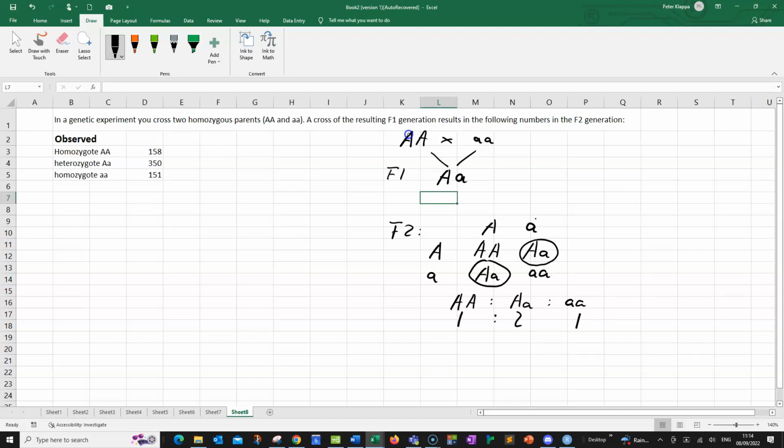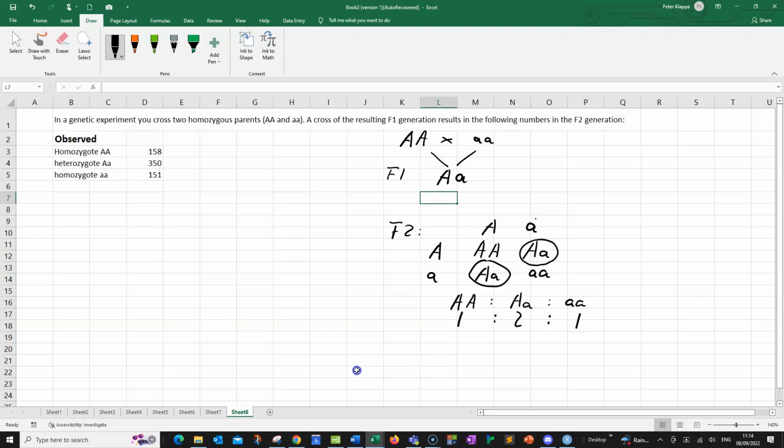So in this case, we would expect a typical monohybrid inheritance pattern with a 1:2:1 ratio. And now we need to check whether these observed numbers that we have here actually fit this 1:2:1 pattern that we would predict with this monohybrid inheritance pattern.